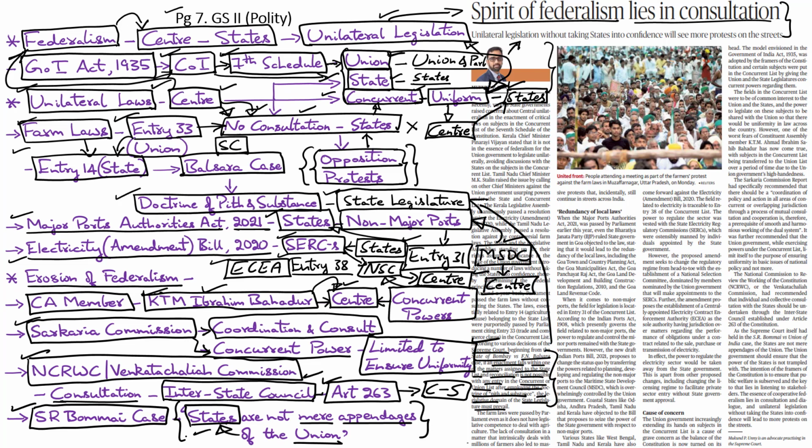So the intention of the framers of the Constitution was to ensure that, under the principle of federalism, there should be active consultation and coordination between the center and the states, especially when it comes to concurrent powers and overlapping jurisdiction. But since the center is seen to be violating this principle by coming out with unilateral laws, the writer says that the spirit of federalism is being weakened and eroded, and no wonder it leads to massive opposition and protest against any central law.